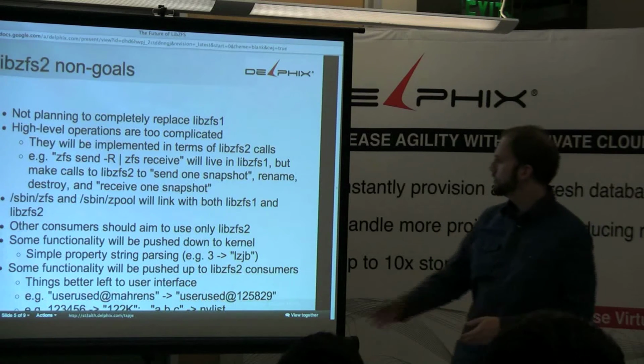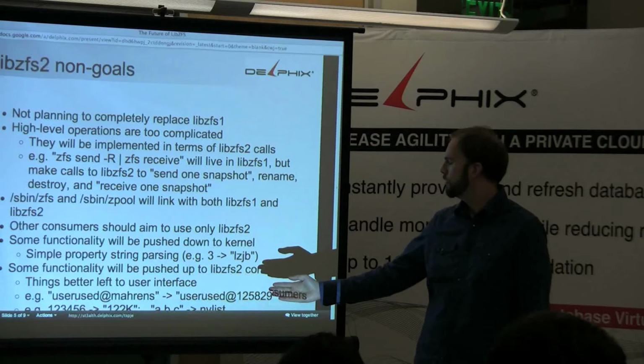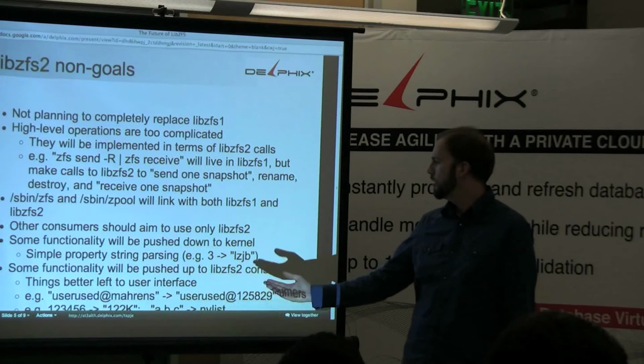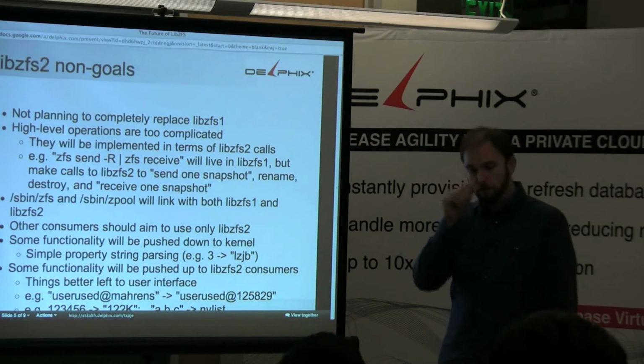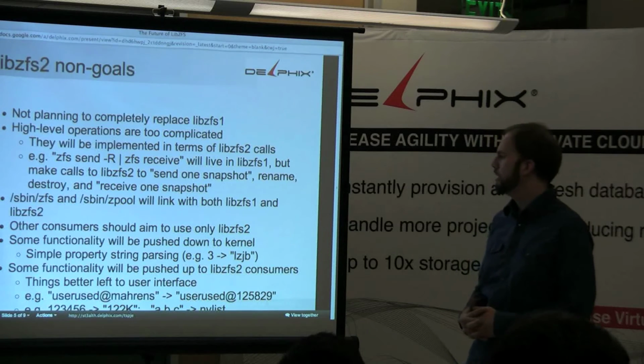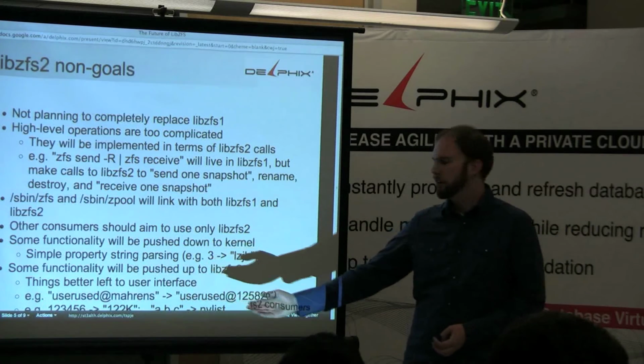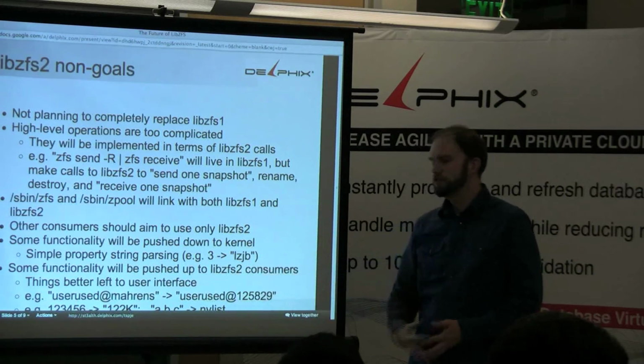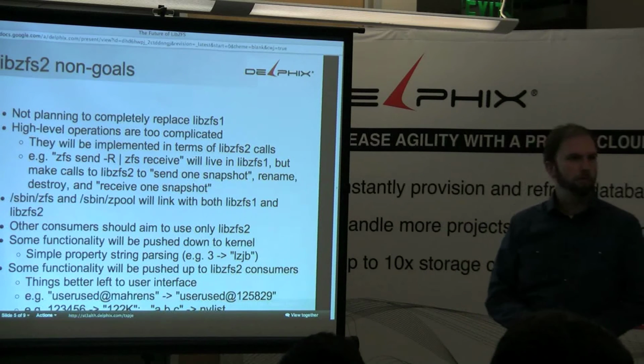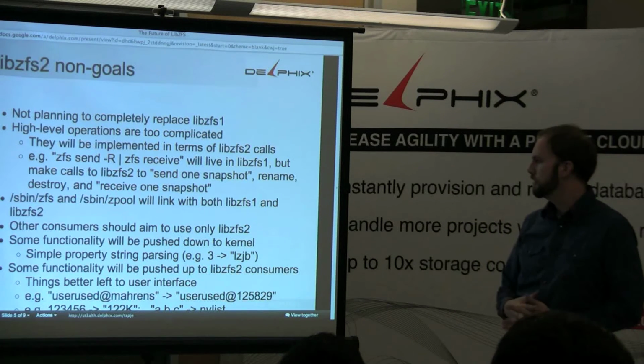So we're thinking to move some of this processing down into the kernel. For example, when you ask the kernel what's the value of the compression property, rather than telling you 3, it would tell you LZJB, the actual name that's being used in the CLI.